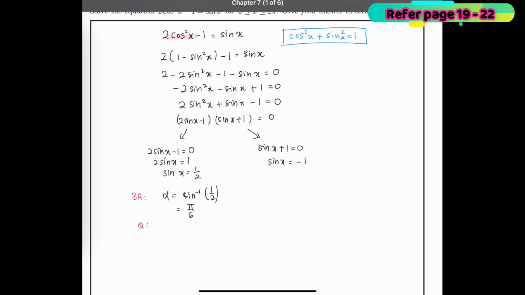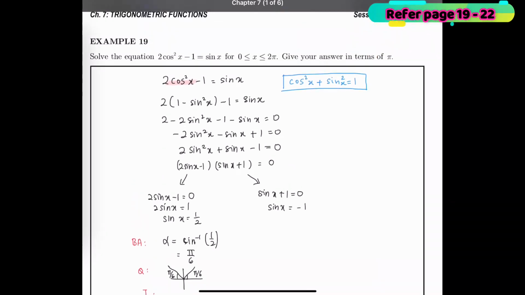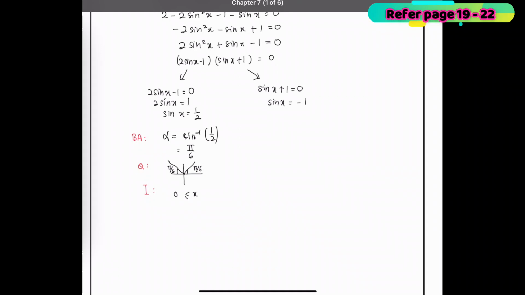Next step is Q for quadrant. So sine positive is in the first and second quadrant. So this is pi over 6 and pi over 6. The third step is for the interval. From the question, you can see clearly the interval is from 0 to 2 pi, inclusive.